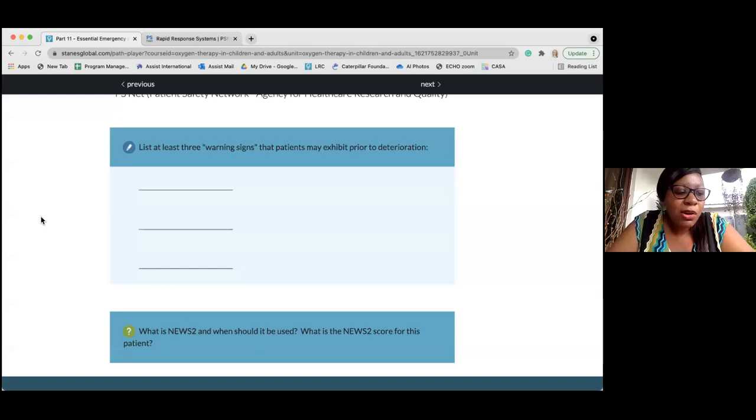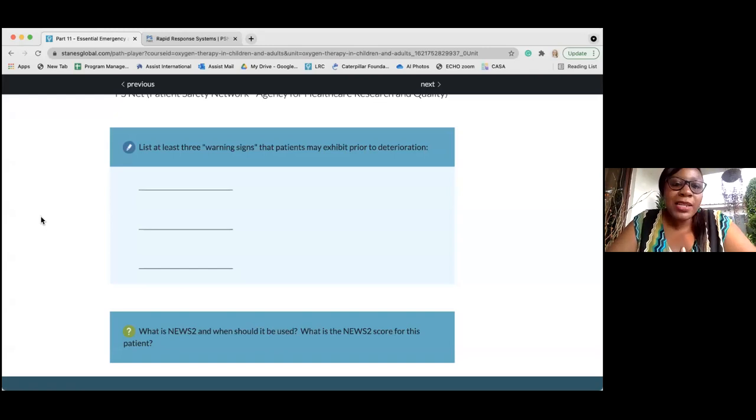A heart rate below 40, a respiratory rate above 28 or below 8, systolic blood pressure of above 180, and systolic blood pressure of below 190. If your saturations on room air are 90, your patient is not on supplemental oxygen, but their oxygen saturation is at 90. That's a red flag for deterioration.